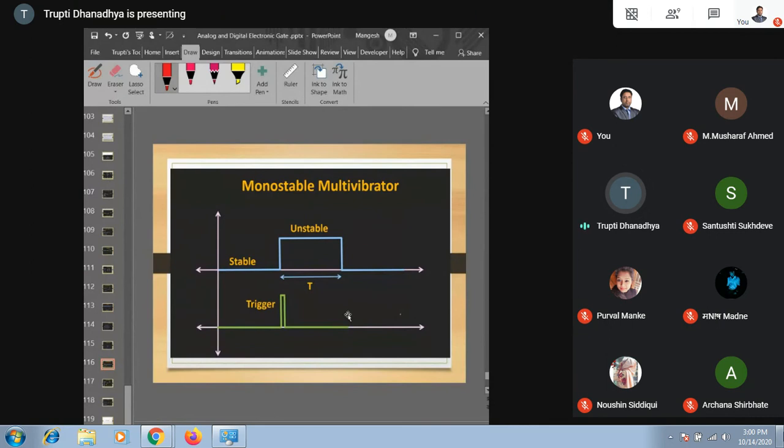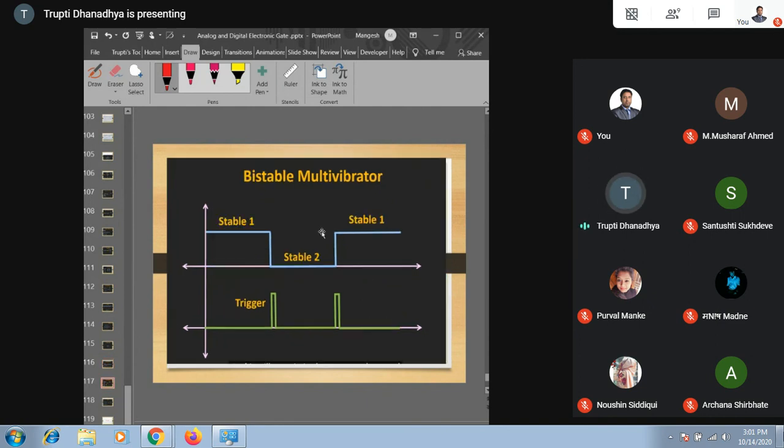Whenever we provide a trigger to the circuit, we get the unstable state, up to the V saturation provided. If we provide the next triggering, only then do we get the negative triggering. This is the monostable.